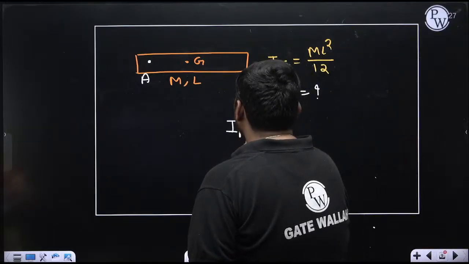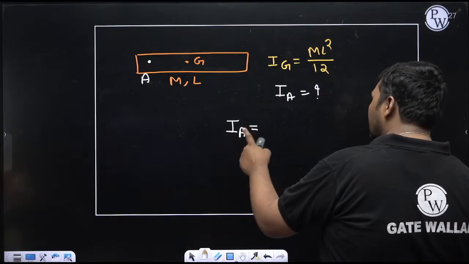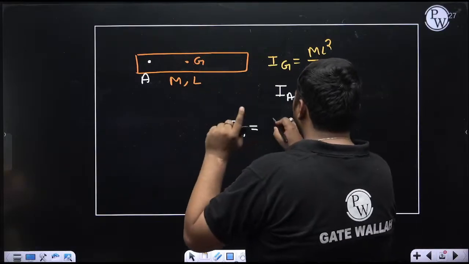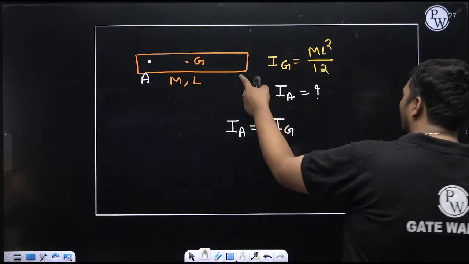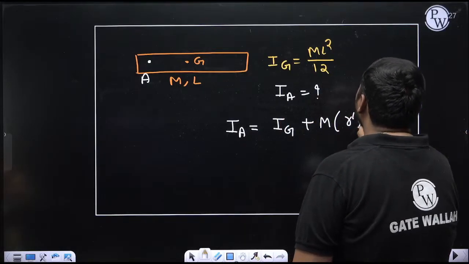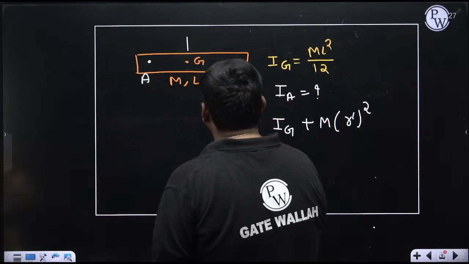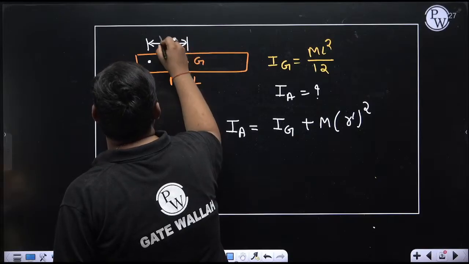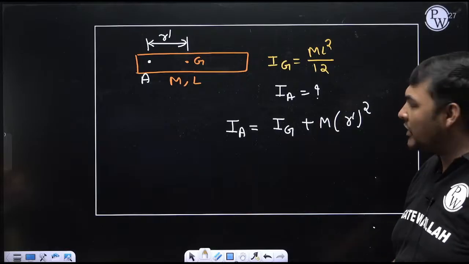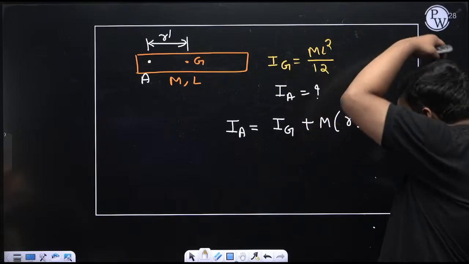Suppose I want to calculate the mass inertia of this body about A. The formula will be: first of all, calculate the mass inertia of that body about its center of gravity, which is G. So first calculate I about G, which for a rod is ML square by 12, plus the mass of this body, which is M, into r dash square. Now what is r dash here? It is the distance between this center of gravity and the point about which we are calculating I, meaning point A. And take the square of this. So this is the formula to calculate mass inertia about another point if you know the mass inertia about the center of gravity. And for a rod, the mass inertia about center of gravity is ML square by 12.